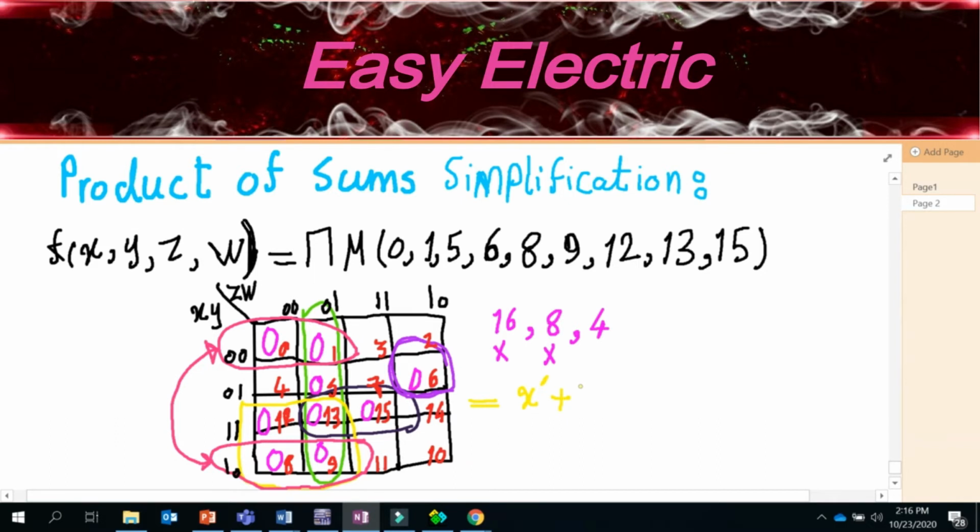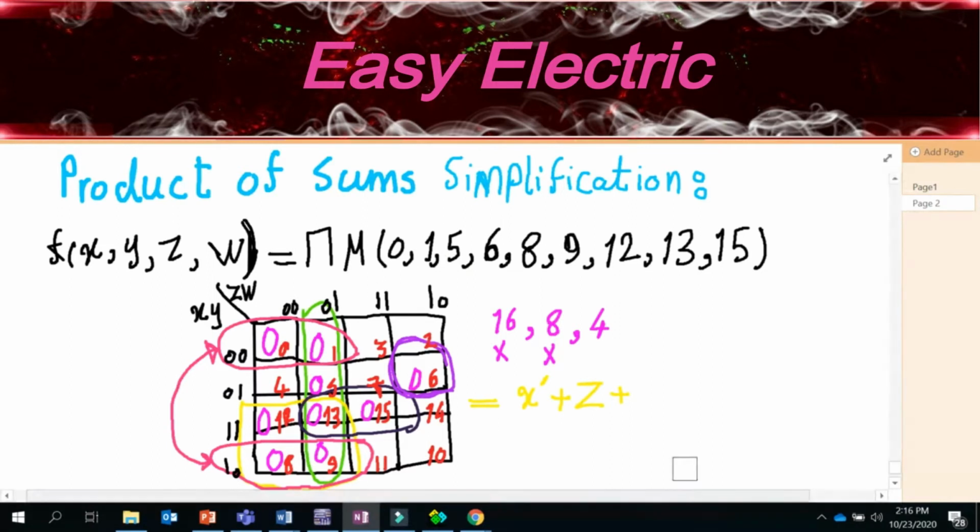Whenever it is 0, 0 in the max term, it should have no prime. So that means you should get the z here with no prime, again plus. And what's next is the w. W here is 0, here is 1. 0, 1 will be eliminated. Okay, so we don't have any w.